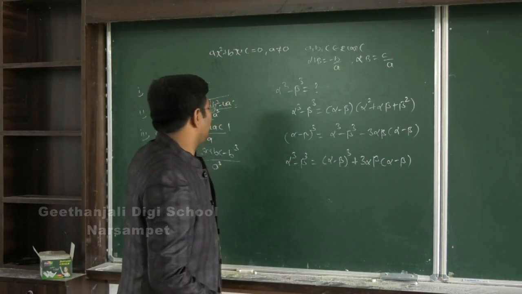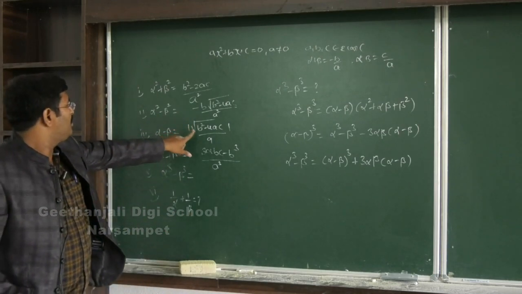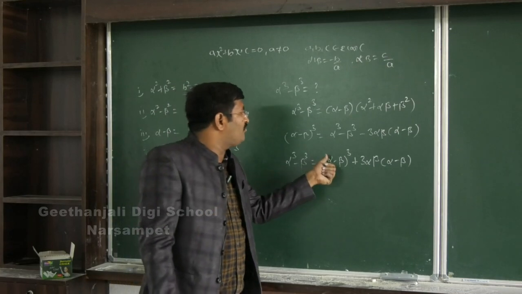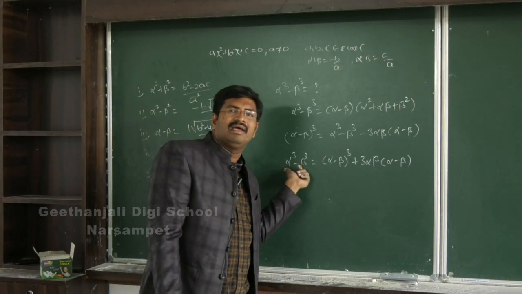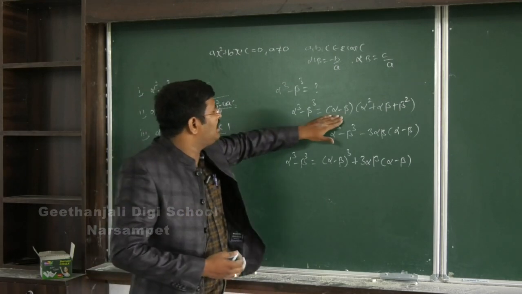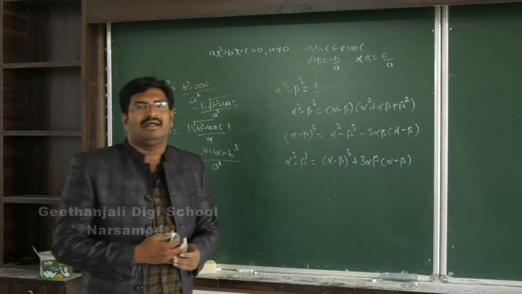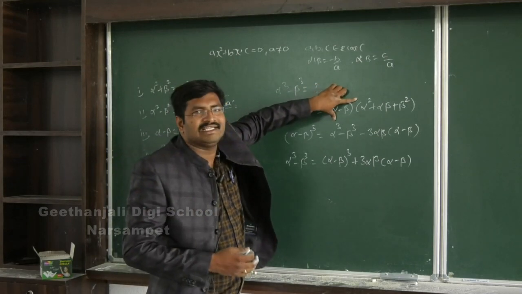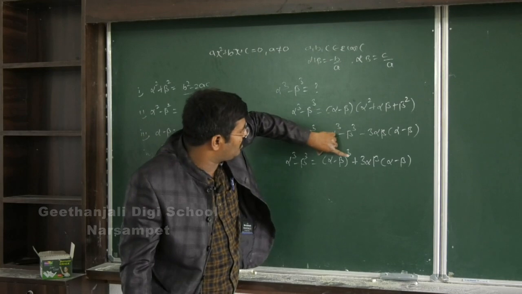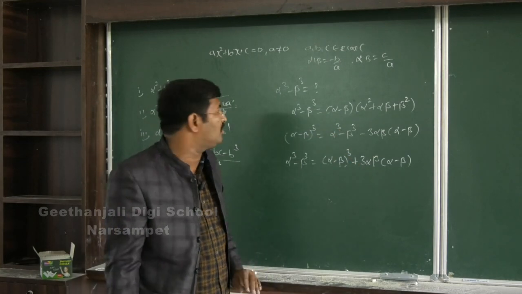Then again alpha minus beta value is root of b square minus 4ac by a. It is lengthy to find in this way, because you will get the root value two times.